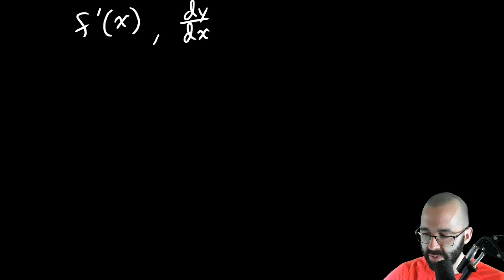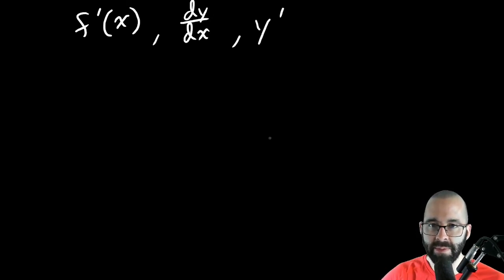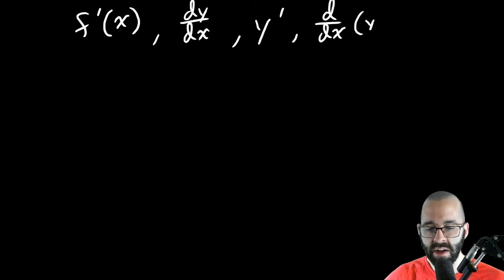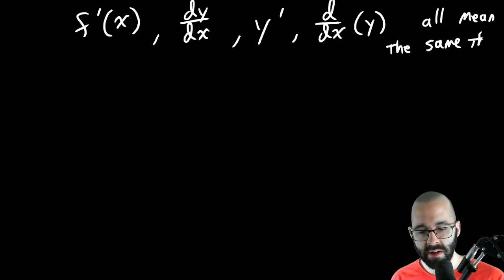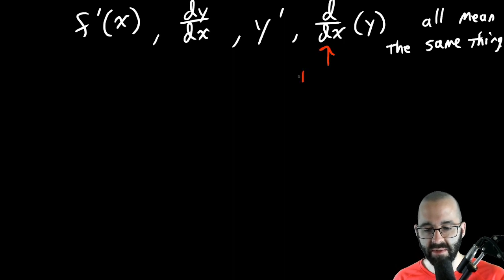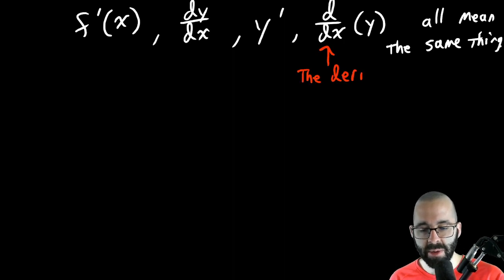So again, how do I want to write it? You'll also see y prime. You'll also see the derivative of y. These all mean the same thing. It's just a little notation. This is what's known as the derivative operator.